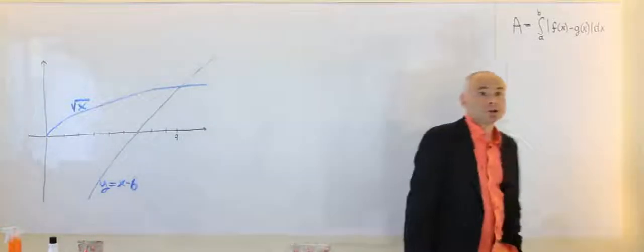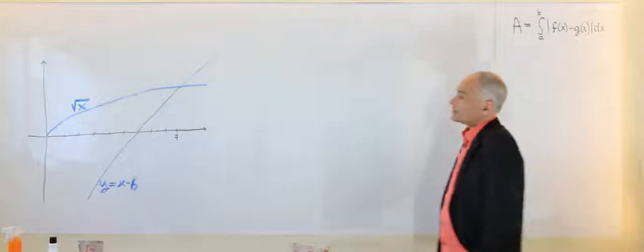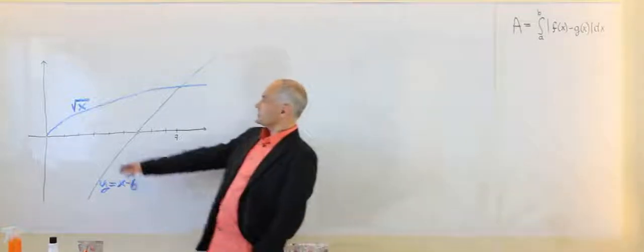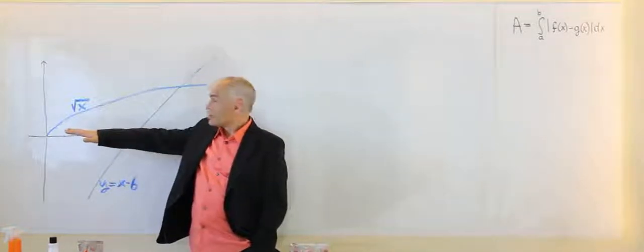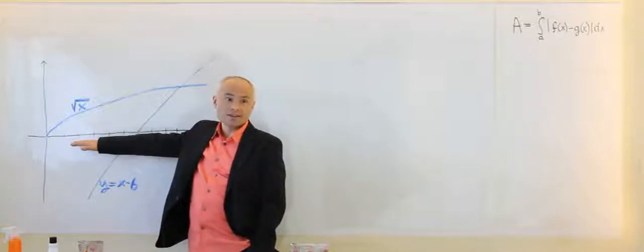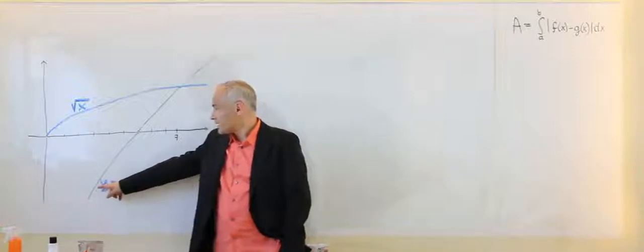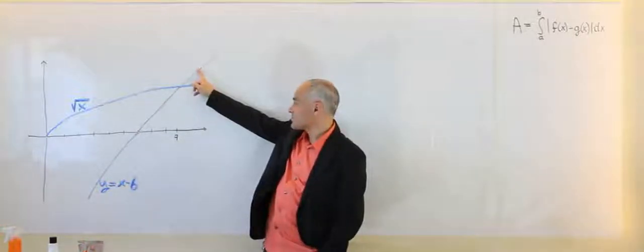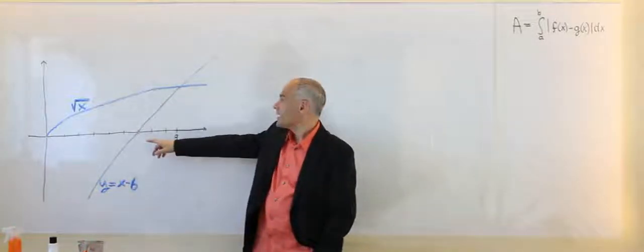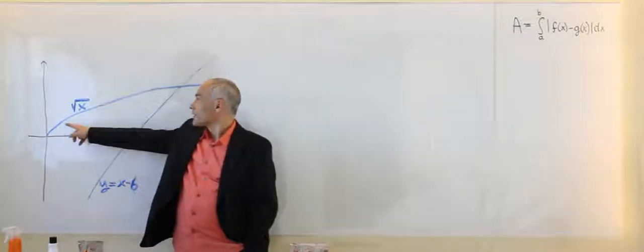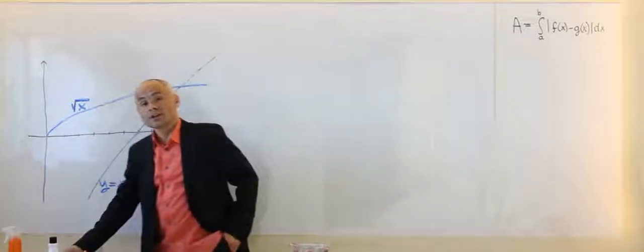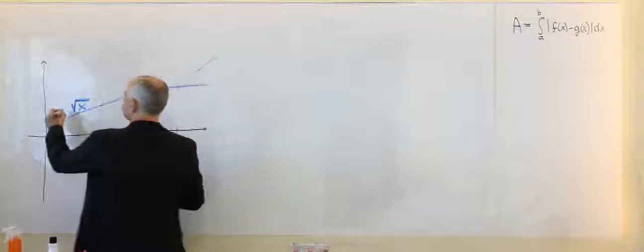In this example, we will consider the region that is bounded by the horizontal line y is equal to 0, the line y is equal to x minus 6, and the curve y is equal to square root of x.